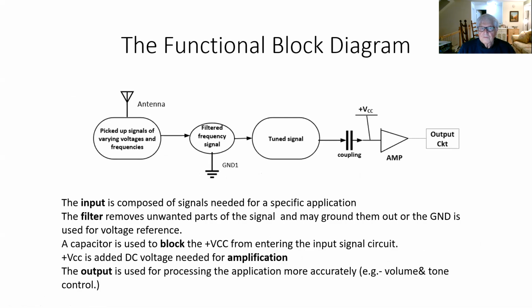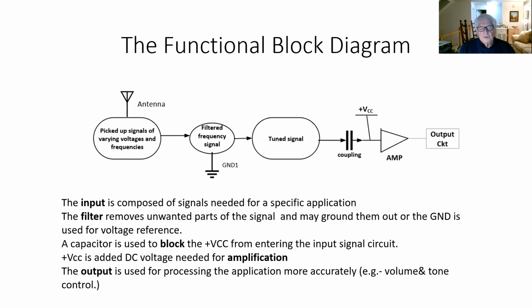This is called a functional block diagram, where we start out with our antenna. The antenna picks up a signal of varying voltages and frequencies, and normally it's picked up and placed as part of a transformer device.